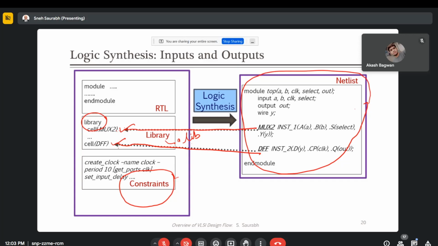Why will it pick the cell of larger size? Because typically the cell of larger size will have bigger transistors, and therefore it can drive the load faster, and therefore the speed will be higher, right?